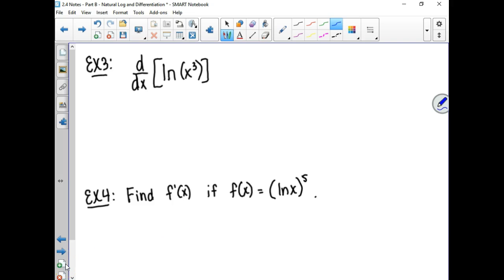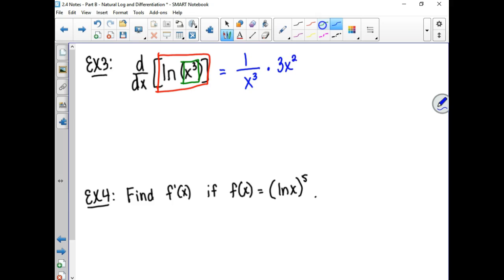Okay, so for this one, we have a chain rule. The natural log is our outside, the x to the third is our inside. So when we take the derivative of natural log, it's just 1 over whatever is in the parentheses. So 1 over x to the third. But then we have to multiply it by the derivative of the inside, which is 3x squared.